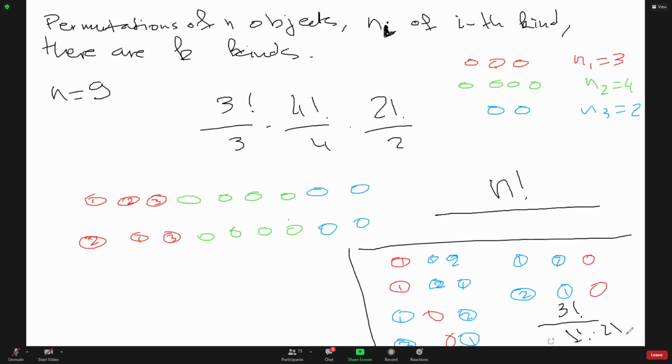And why is this? Because we don't want the permutations of a color in themselves. Exactly. So here I will take all the permutations of red, right? So this is n1 factorial. Then I can also permute all green between them, and nk factorial.